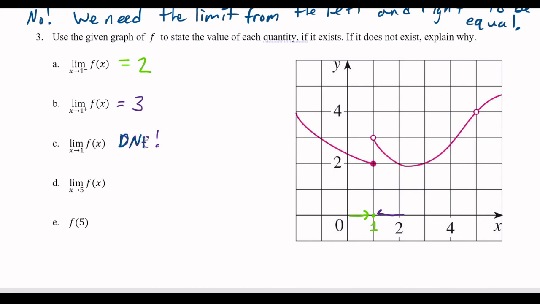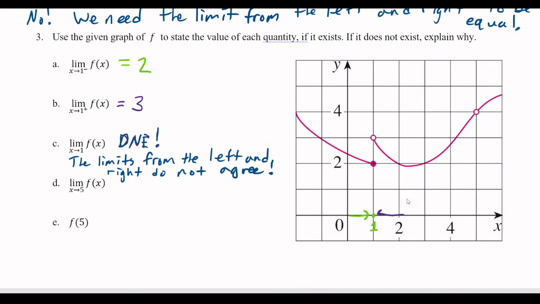Does not exist. Why? The limit, because there's 2, from the left and right do not agree. They're not equal.